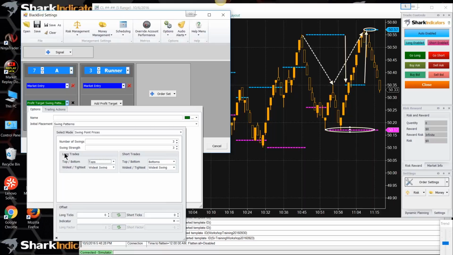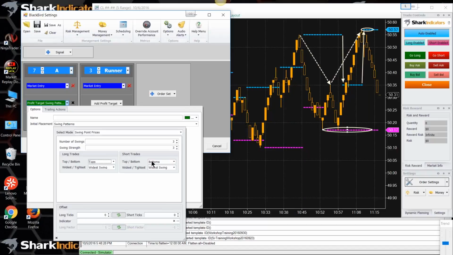So for a long trade, typically you're going to want to use the tops. In other words, the highest highs. So the tops is going to be the swing high points. And for a short trade, the bottom plot, that's going to be the swing low points, the magenta lines there.